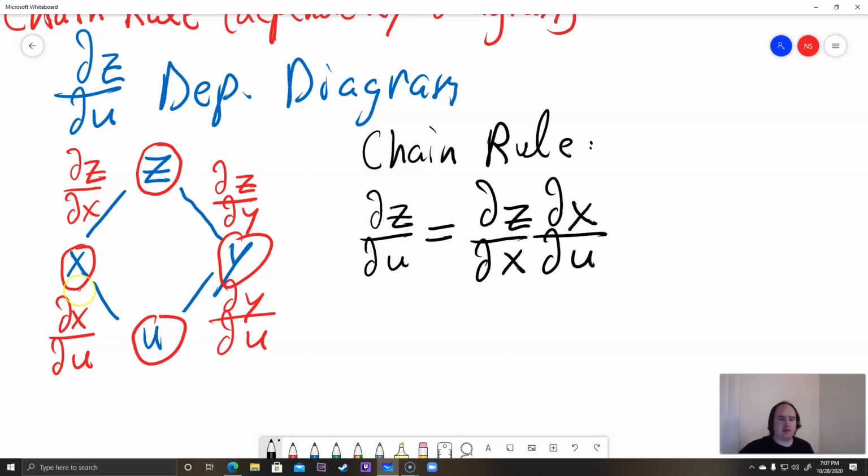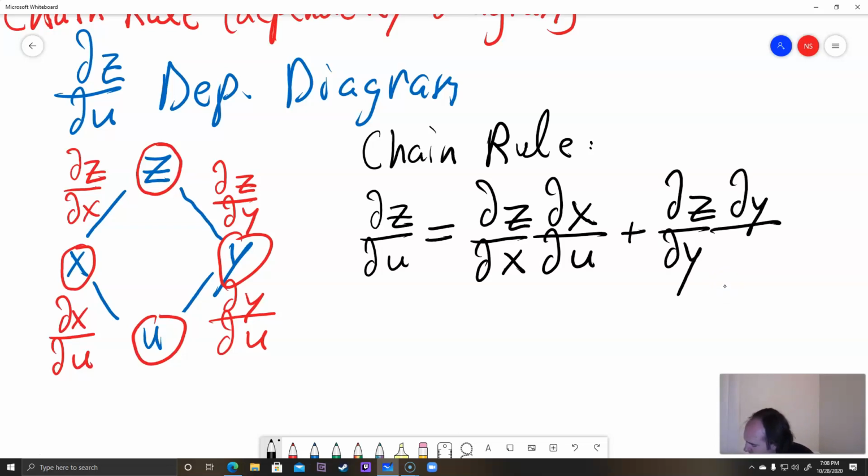That's the left side of the dependency diagram. And then on the right side, we do the same thing. We start from the top and trace our way down to the bottom. So plus partial z, partial y times partial y, partial u.